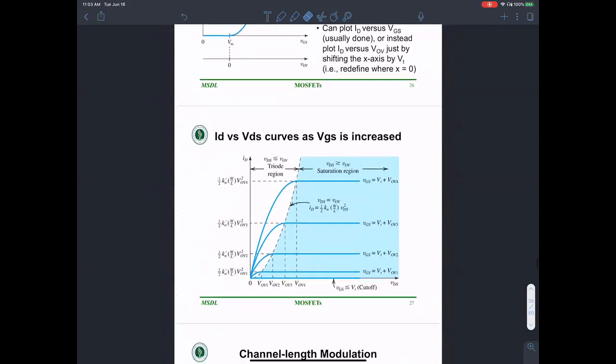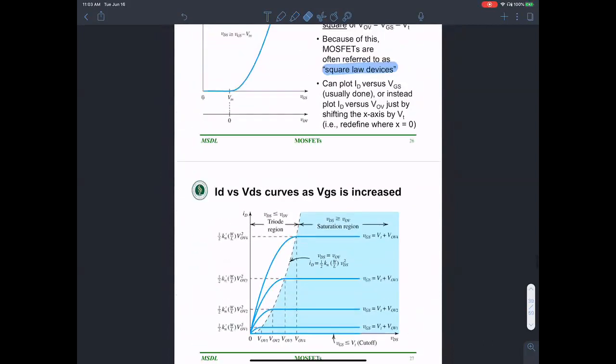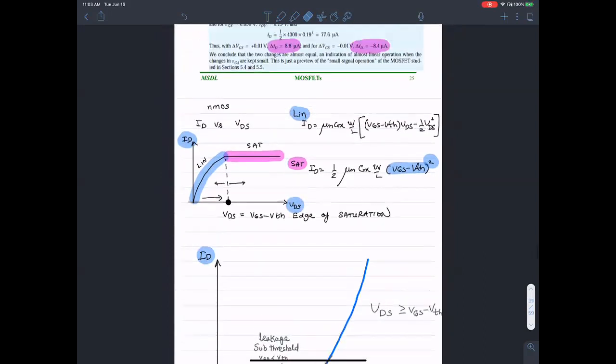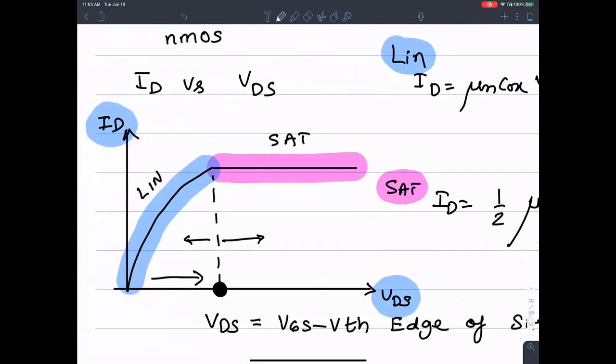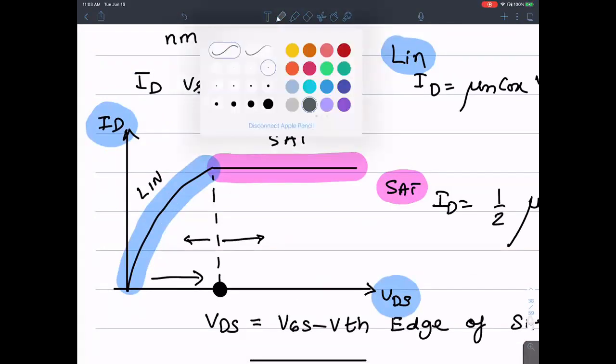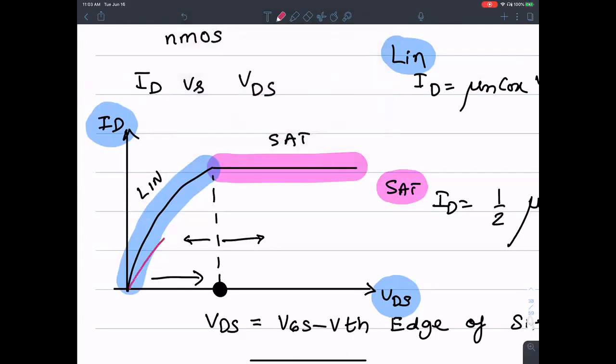And if we were to plot ID versus VDS, if we go back to this plot, and we plot for different values of VGS, this is VGS2.